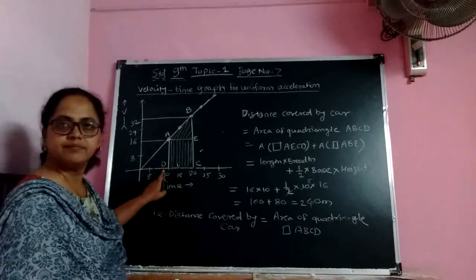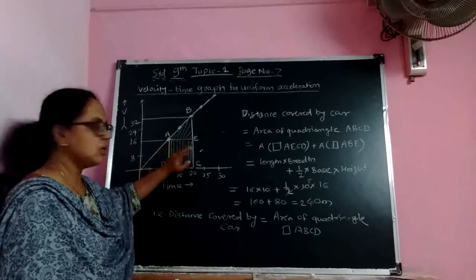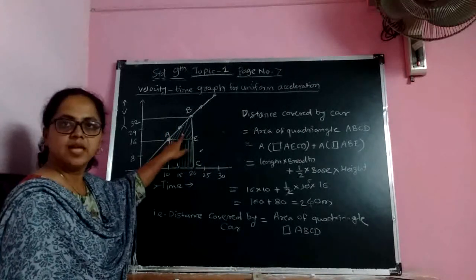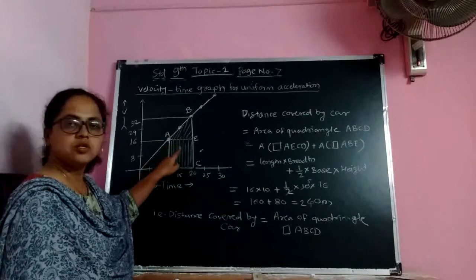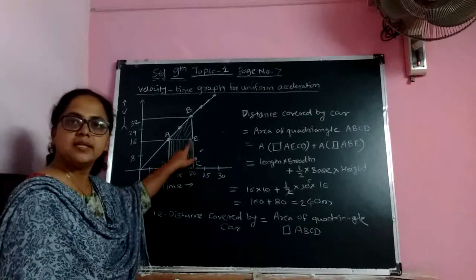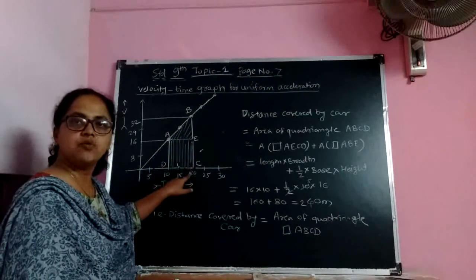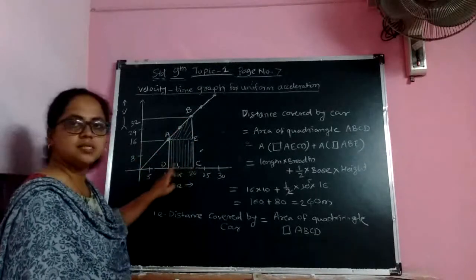You can see in this figure A, B, C and D. In this figure there are two shapes: this is a triangle and this is a rectangle. So you first have to find out the area of the triangle and the area of the rectangle. Add these two areas, then you will get the area of this whole figure, that is ABCD.